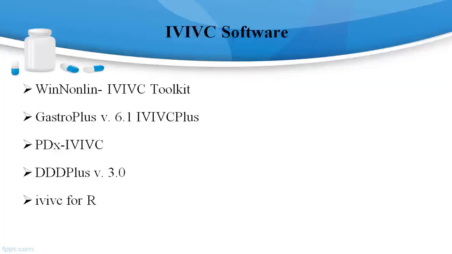Some software used for in vitro in vivo correlations are WinNonlin, IVIVC Toolkit, GastroPlus 6.1, IVIVC Plus, PDx-IVIVC, Triple D Plus, and IVIVC for R.